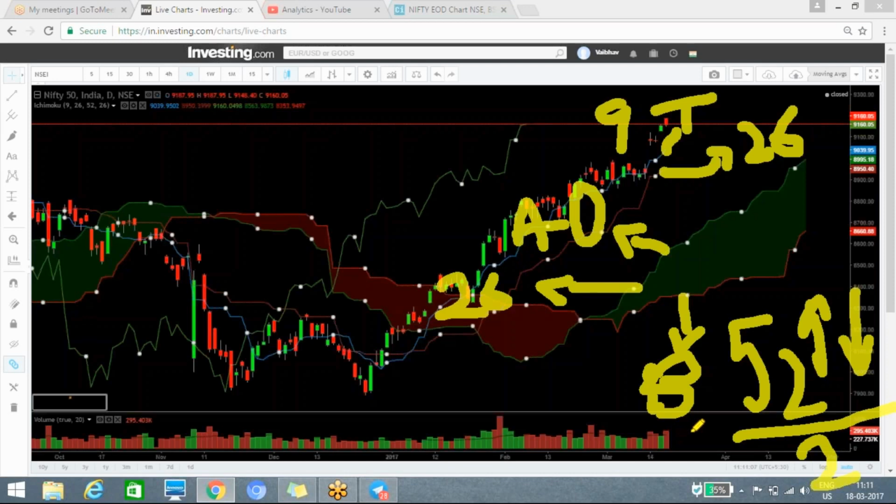A is the average of the conversion line plus baseline divided by 2, plotted 26 periods in the future. Just plotting it. Span B, 52 period high, 52 period low, divided by 2, plotted 26 periods in advance. Clear? Those 4 lines.